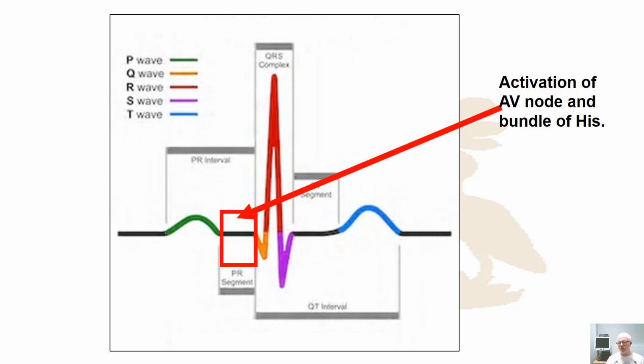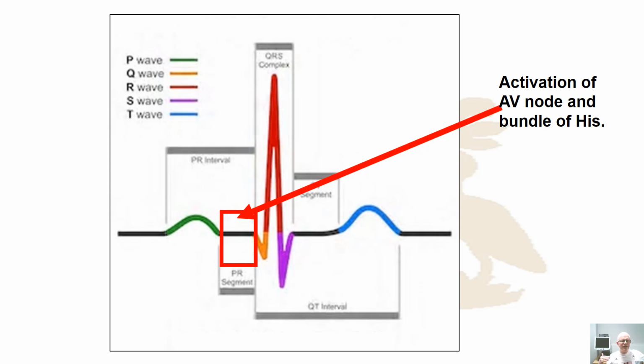So we then come into this PR segment, so the gap between the decrease in the P wave and the onset of the QRS complex, and it's the activation of the AV node and the bundle of His. Remember, we refer to those as occurring at about time point 0.4 seconds.